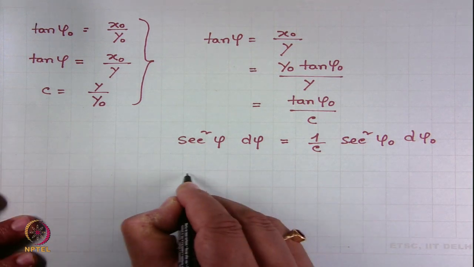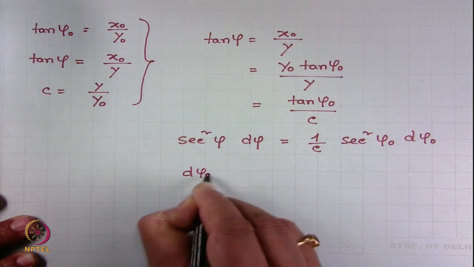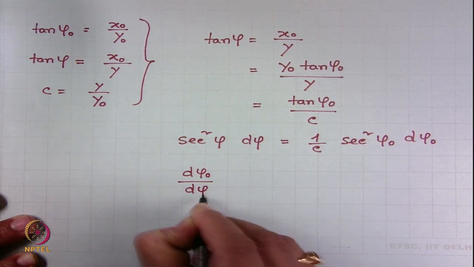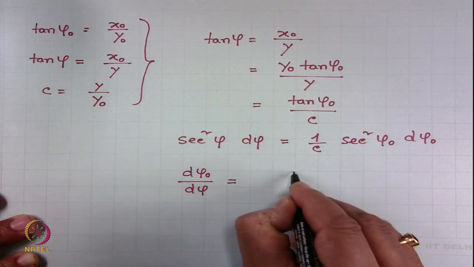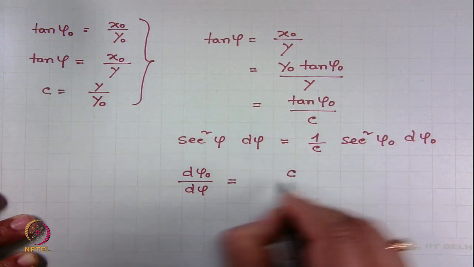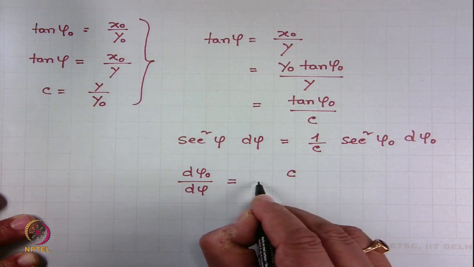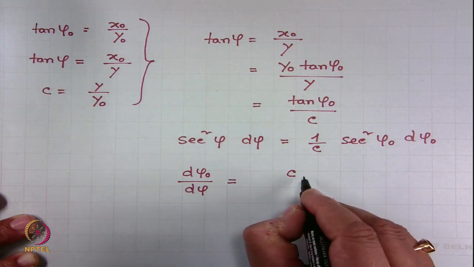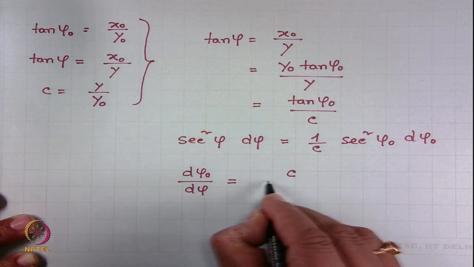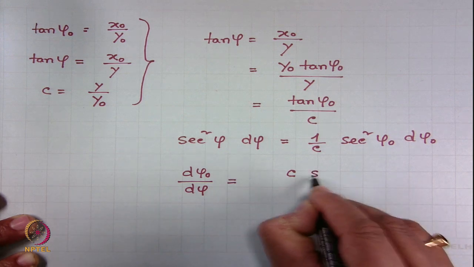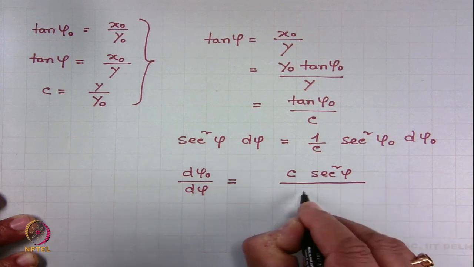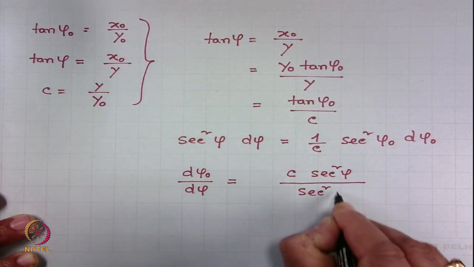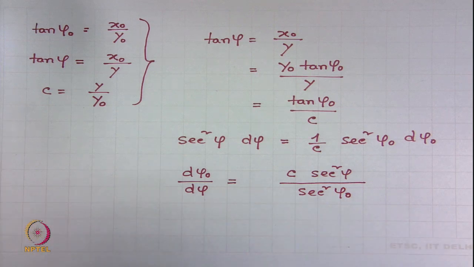So, d psi naught by d psi is equal to C sec square psi by sec square psi naught.